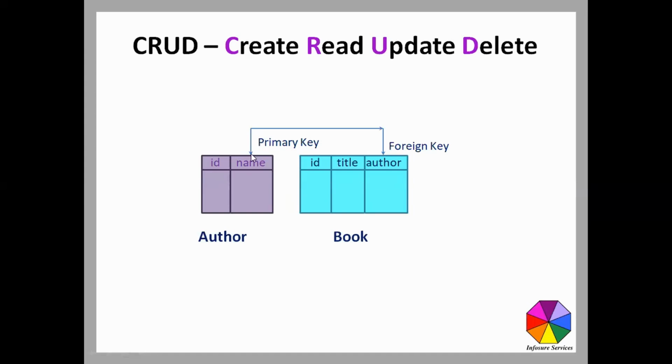So this column, which is unique, normally an ID column, is a primary key, and that primary key repeating multiple times on the other table is called the foreign key. So this is also called the master table, and this is the detail table. This relationship between primary key and foreign key is called the referential integrity constraint.